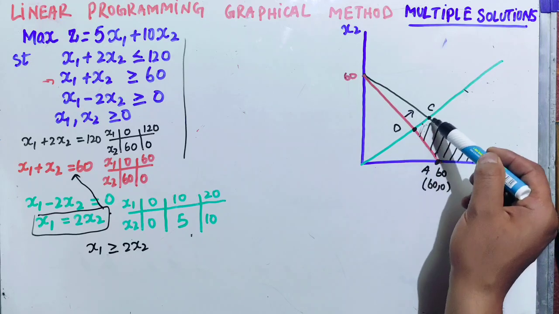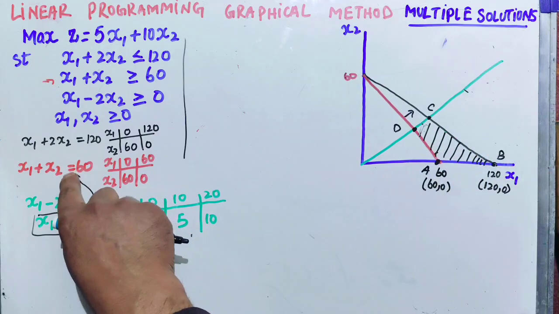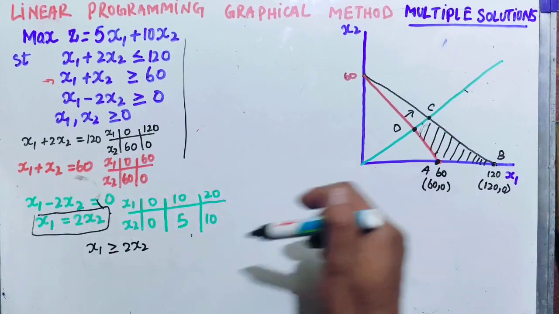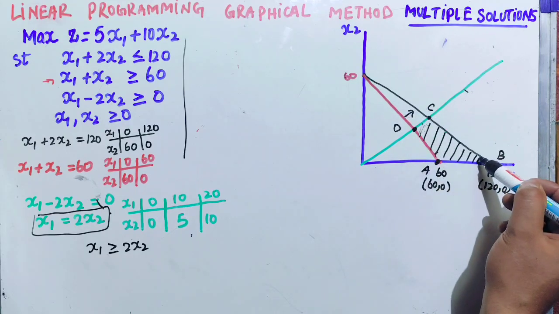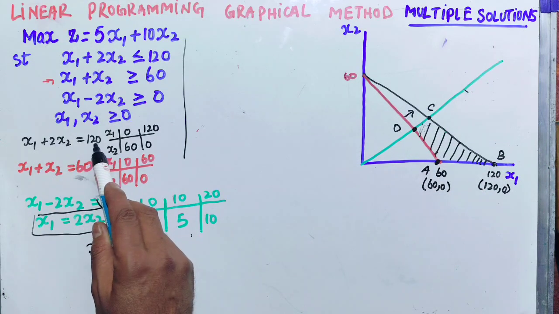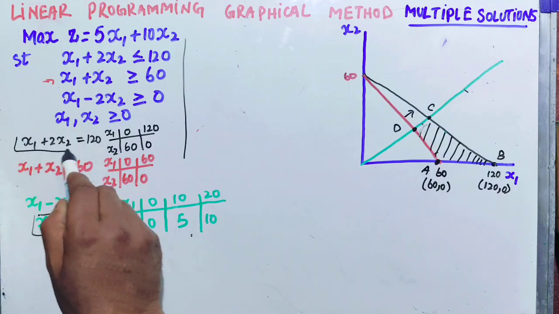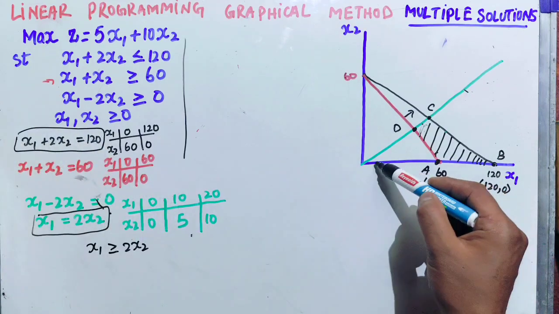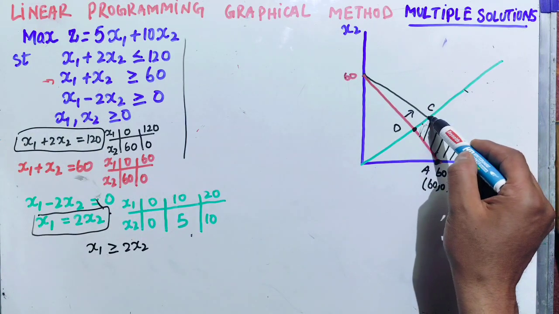So we have this line, this line corresponds to x1 plus 2x2 is equal to 120. So we take this equation and this equation. These two intersect at this point.